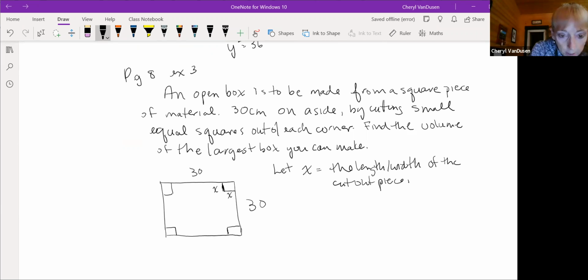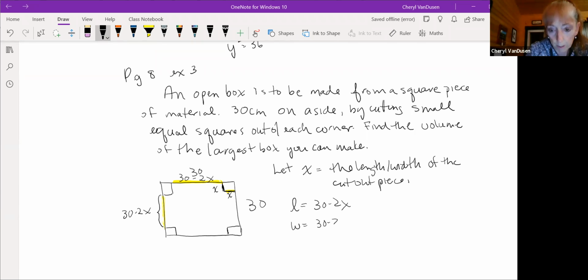So this little distance here is going to be 30 take away 2x. That's our new width or length. Again, they're exactly the same numbers, but that's okay. And then this one over here, this would also be 30 minus 2x. And then the height is going to be that piece that we cut out, so it's going to be this x. So let's just write that down. Length is 30 minus 2x.